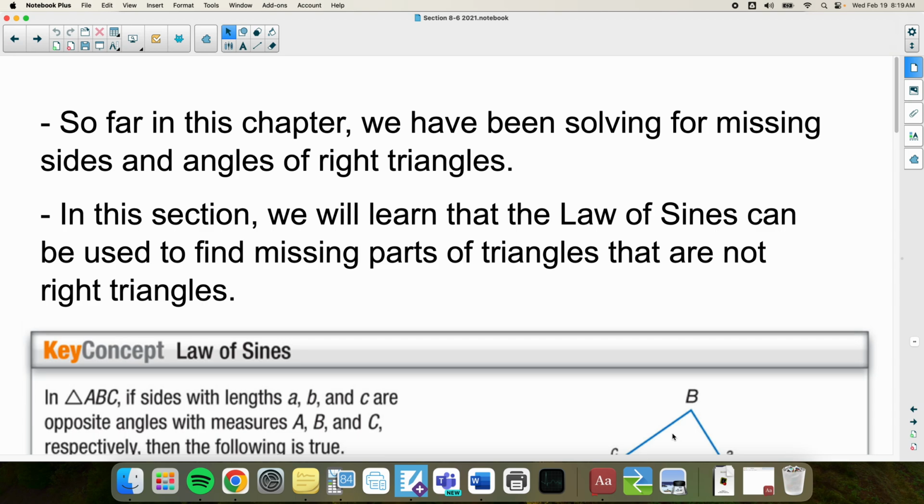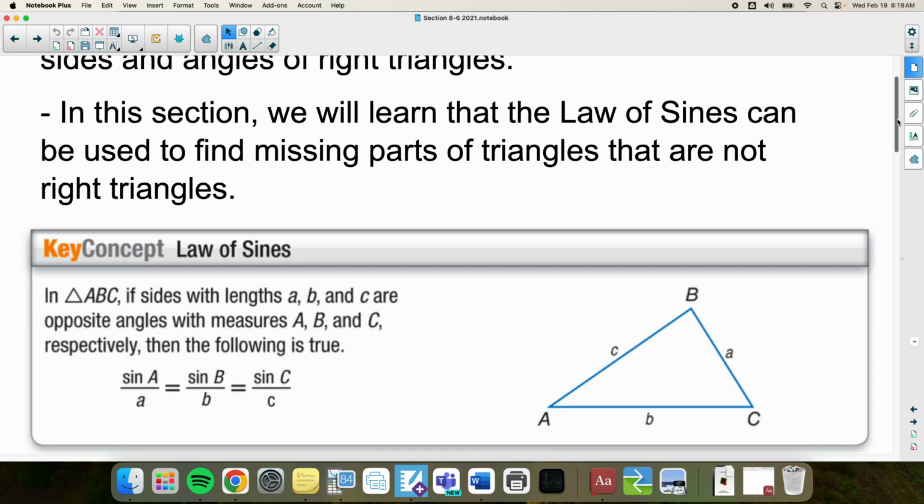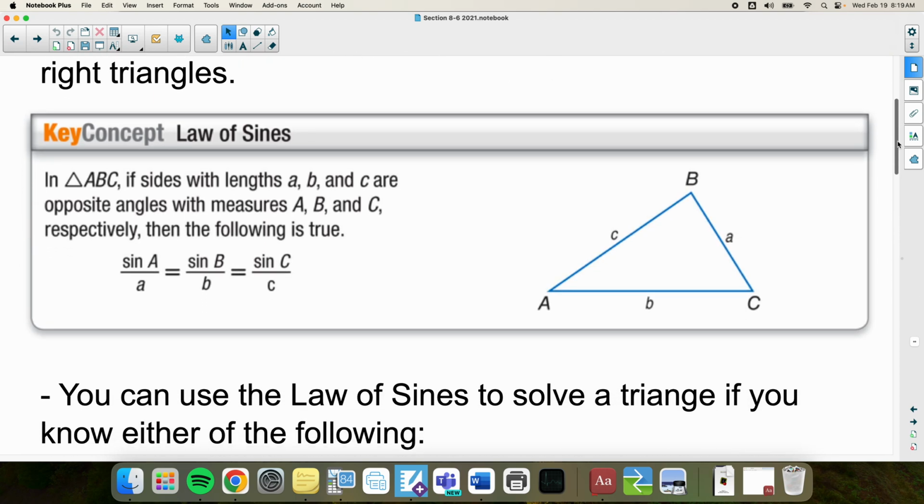Okay? So, first of all, up until last Thursday, every triangle we did in this chapter had a right angle in it, so they were right triangles. Now for the rest of the chapter, we are dealing with triangles that are called oblique triangles, and they are triangles that do not have a right angle.